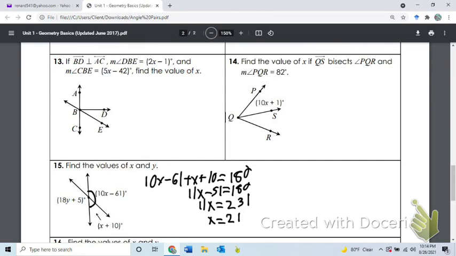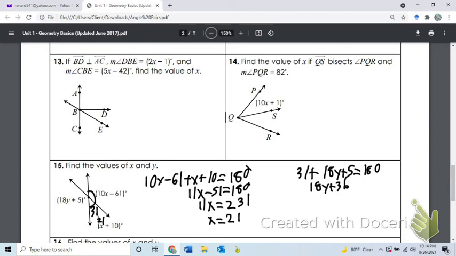Okay, so how do we use that x to solve for y? Well, there are a couple things we can do. I could plug it in to 10x minus 61, get 210 minus 61 equals 18y plus 5. Or I could plug it in down here, find out that 21 plus 10 is 31, and realize that 31 plus 18y plus 5 is also supplementary.